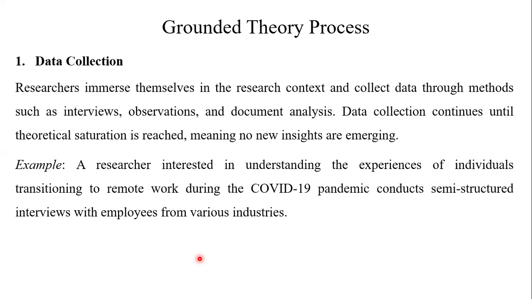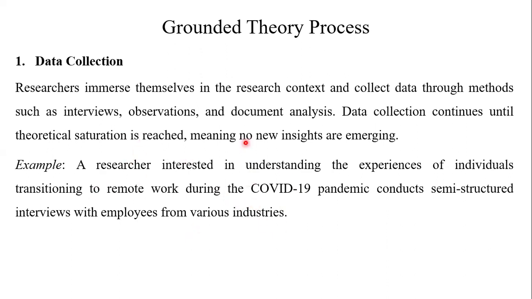So the first process in the grounded theory process is data collection, because this process basically starts from the data collection. You need to have some objective, the research objective, which may not be based on some theory or some hypothesis, but you may have some research objective.